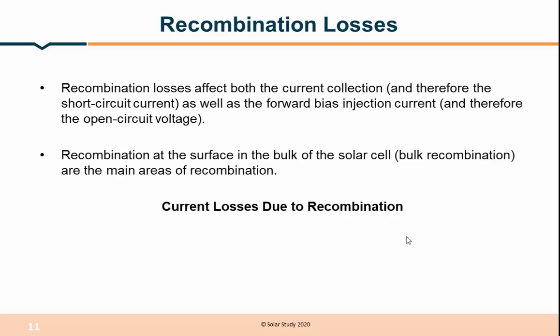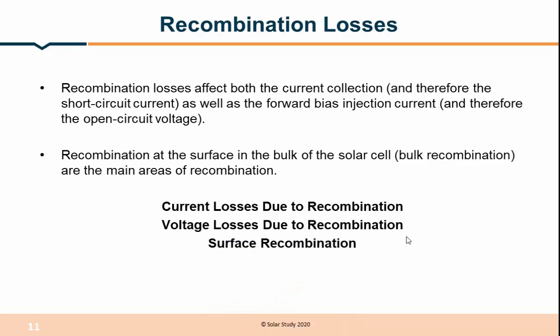Recombination at the surface and in the bulk of the solar cell are the main areas of recombination. So the recombination losses are current losses due to recombination, voltage losses due to recombination, and surface recombination also takes place.